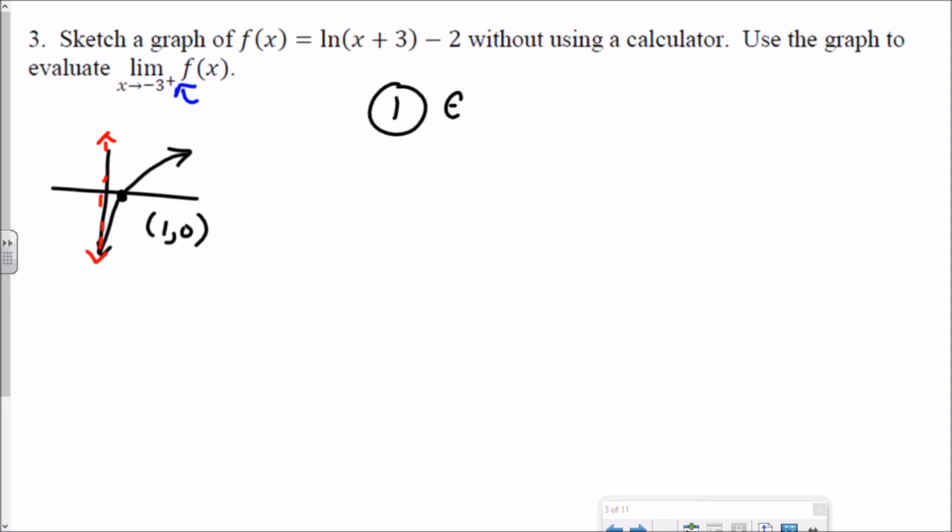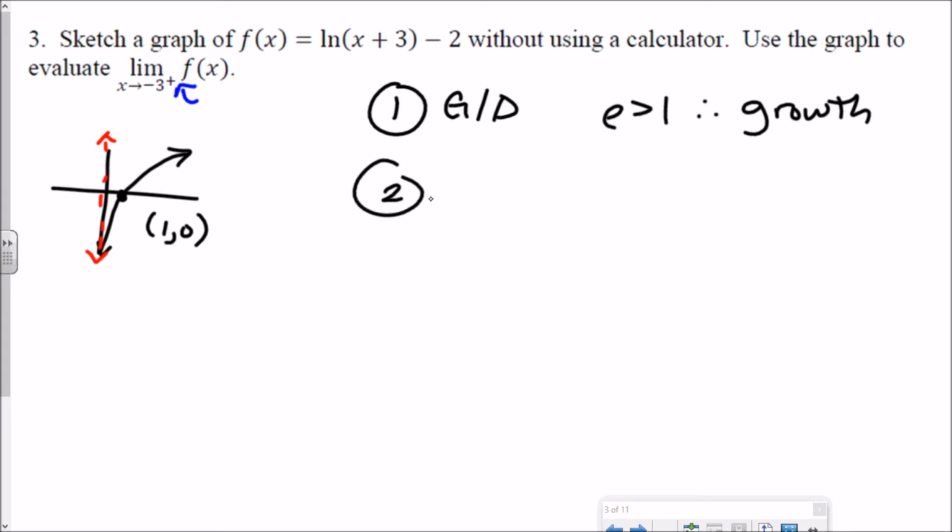First thing you have to decide is growth or decay. When you're deciding growth or decay, you look at the base of your logarithm. If it's natural log, it has a base of e. We've already discussed e is greater than 1, therefore this will be growth. What does it mean to be growth? It means that after your turning point, the top side will go away from the asymptote.